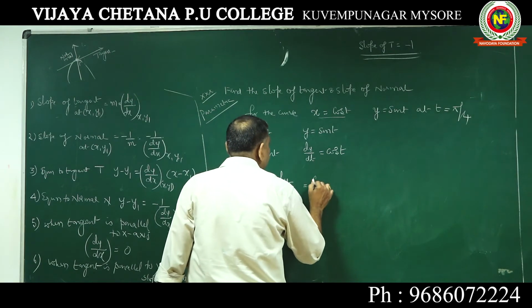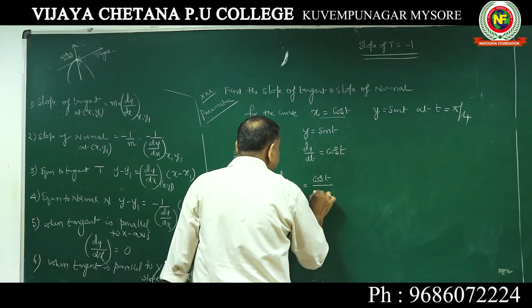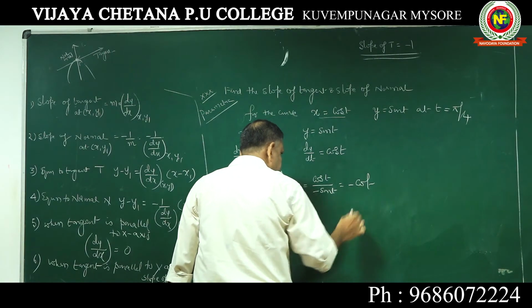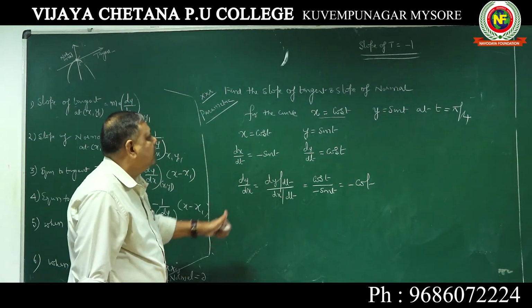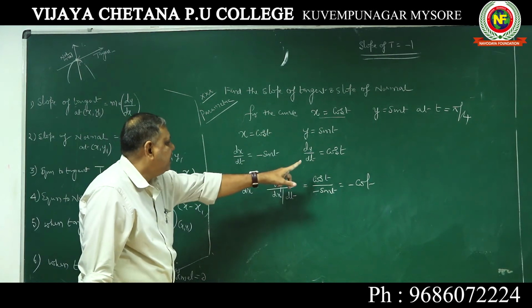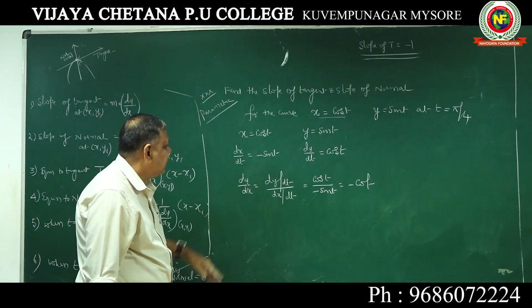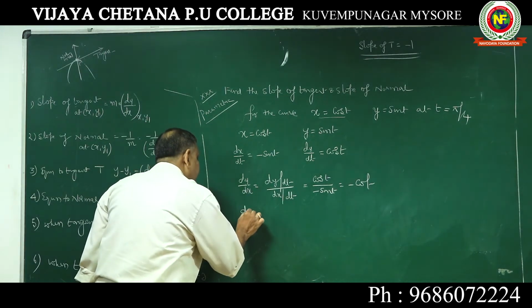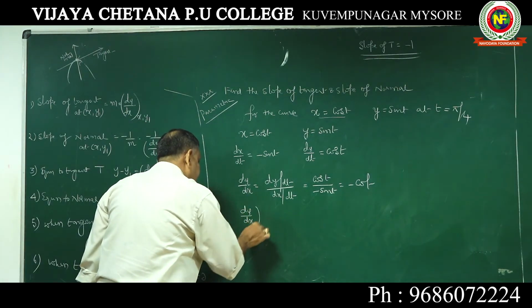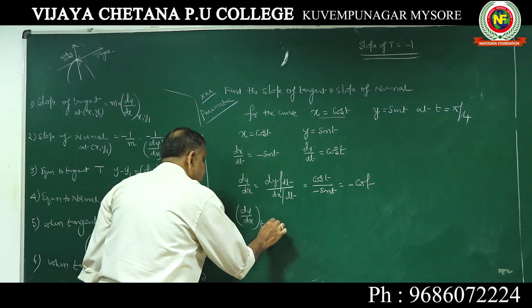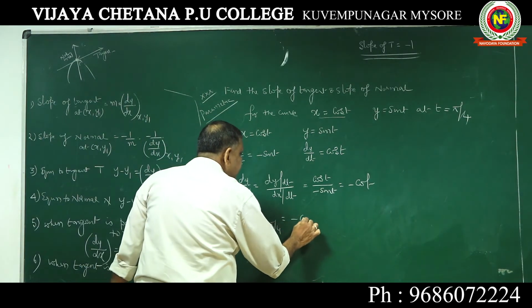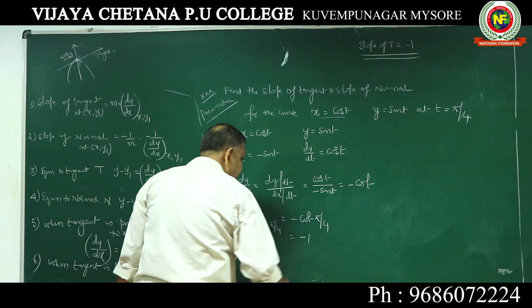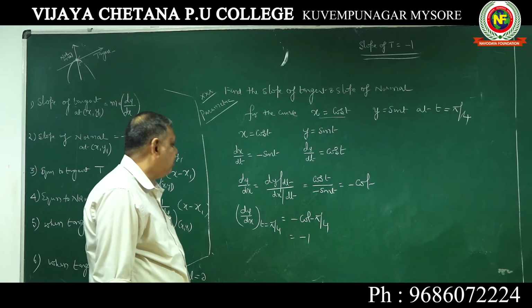That is cos t by minus sin t, or it is minus cot t. We have found dx by dt and dy by dt, and it is minus cot t. At t is equal to pi by 4, dy by dx is minus cot pi by 4, cot 45 is 1, so minus 1 is the answer.